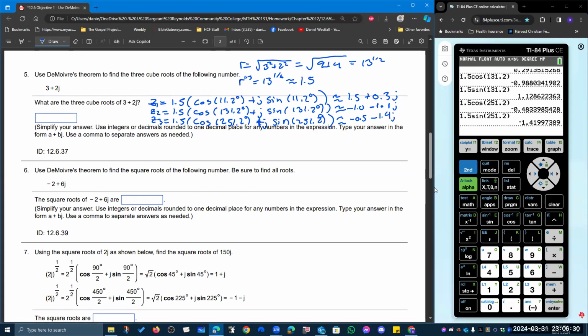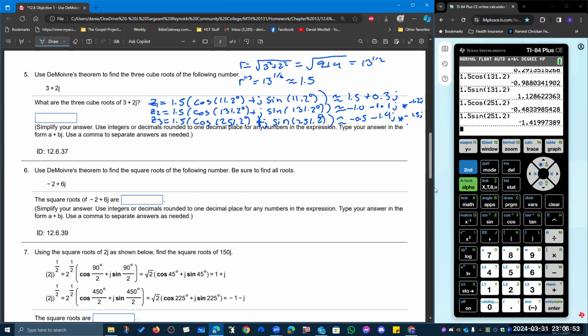I haven't been able to figure out right now what they did, but they got negative 1.2 here, j, and they got negative 1.5 j, so there were some differences in how they rounded.